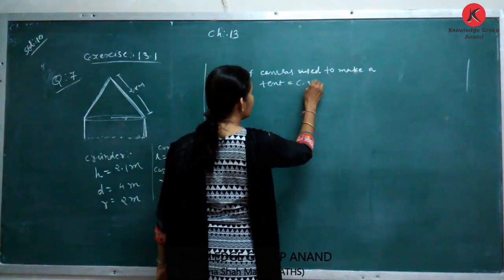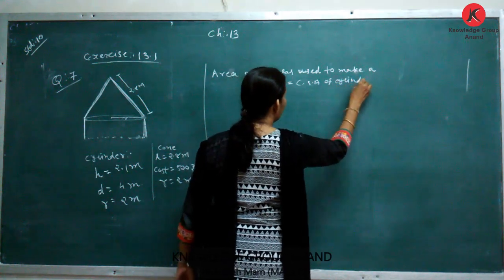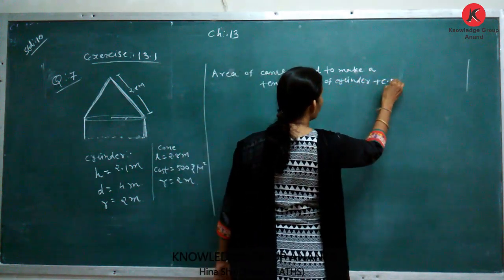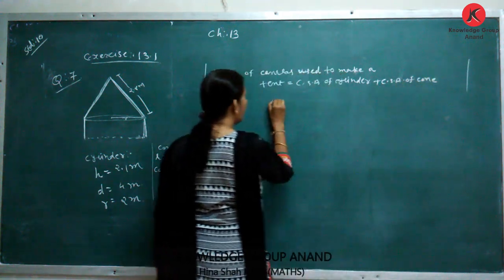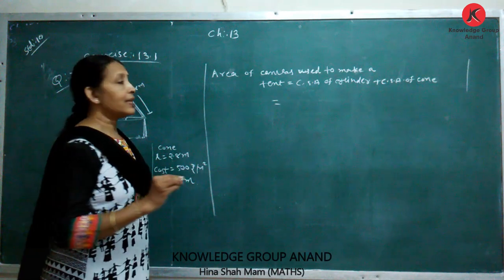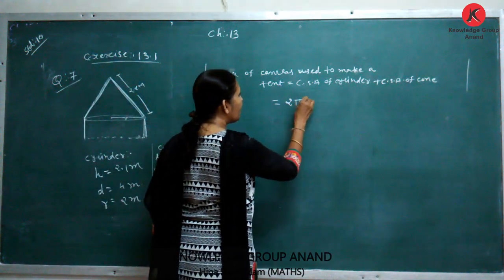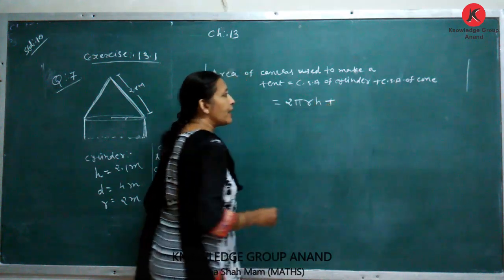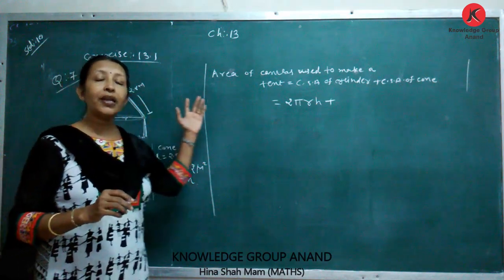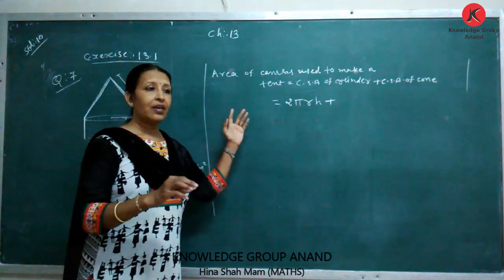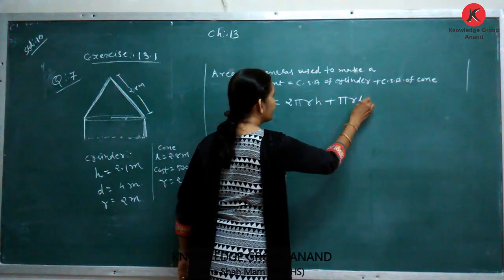Curved surface area of cylinder plus curved surface area of cone. Curved surface area of cylinder is 2 pi r h plus curved surface area of cone. What is the formula of cone? Yes, pi r l.